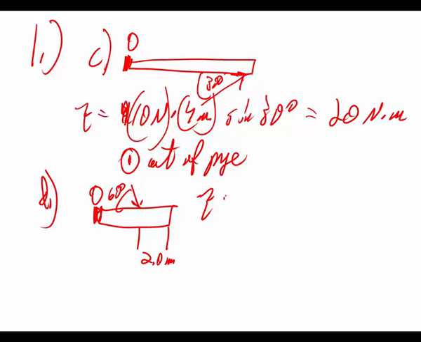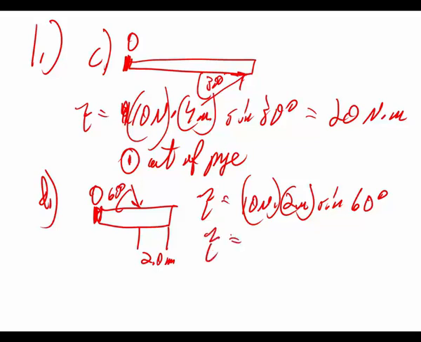So torque is equal to 10 newtons times 2 meters times sine of what? Now we could do that a couple of different ways, but let's just keep it easy. Let's do 60. But the rotation is what? It's clockwise, isn't it?